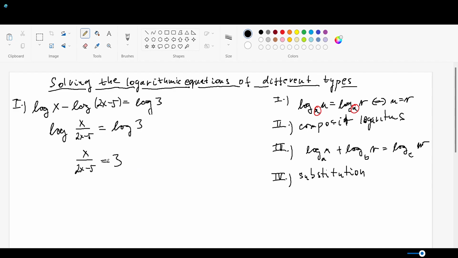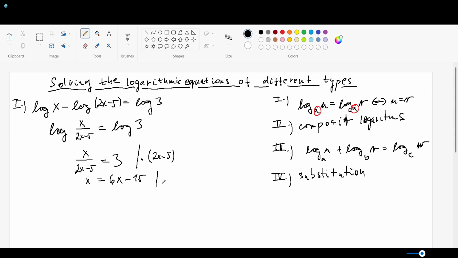This one is really easy to solve. We multiply both sides by the expression 2x take away 5. Then it changes to a very easy linear equation: x is equal to 6x minus 15.